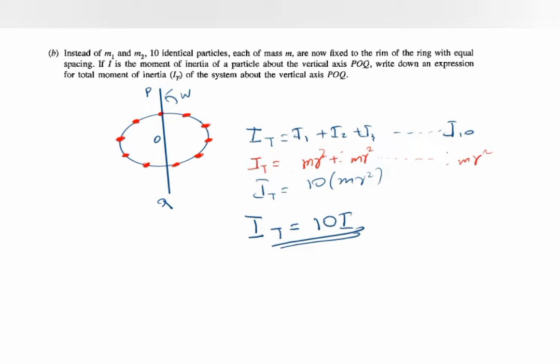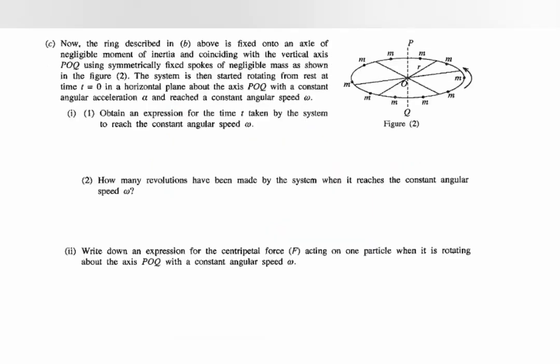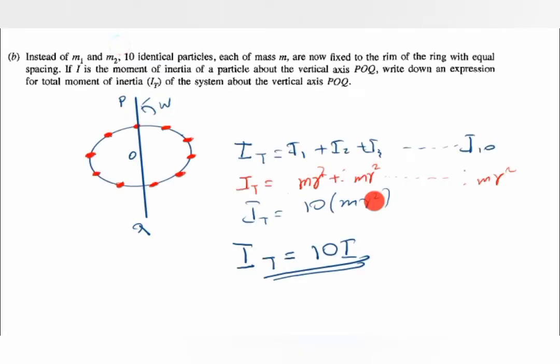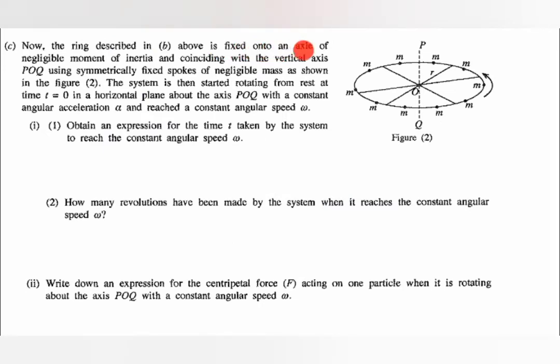Really very simple, nothing else. Just repeat the video if you don't understand. Now the very next thing looks difficult and complicated, but it is not actually. The ring described earlier is fixed to an axle of negligible moment of inertia, coinciding with the vertical axis P or Q, using symmetrically spaced spokes of negligible mass.